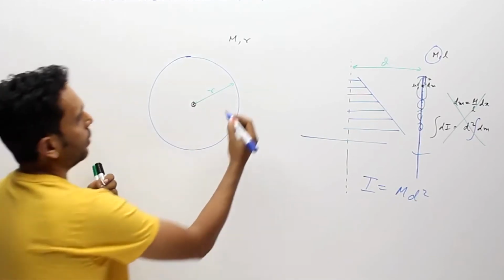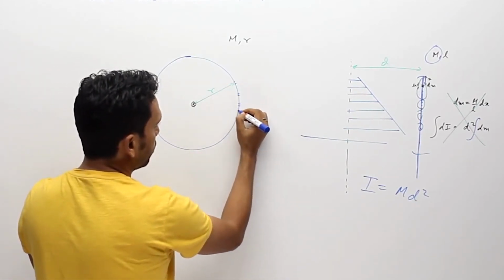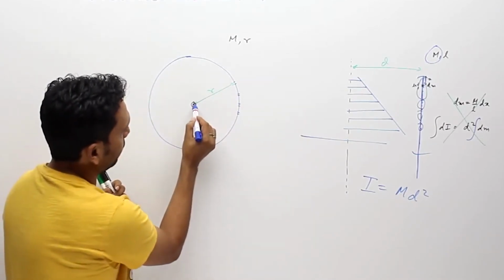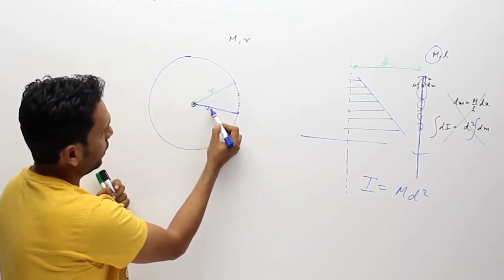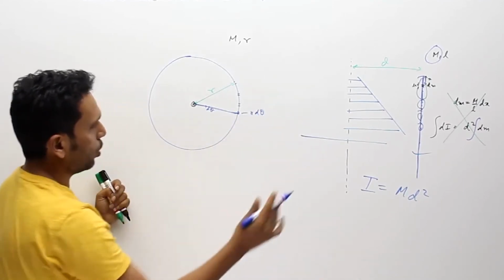So here, if we had broken it into small dm's with all our fancy variables, say d theta, where the width subtends the angle of d theta over here, and we get the length as r d theta, we can do all those things.